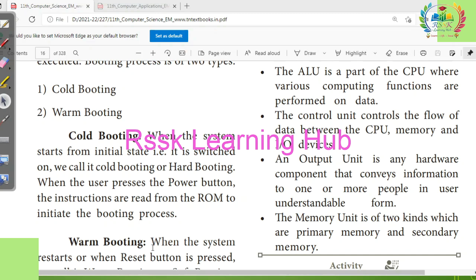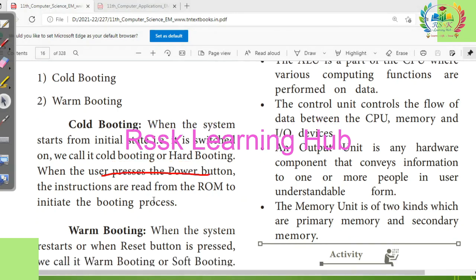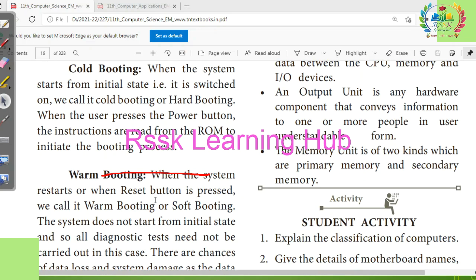It is otherwise called hard booting. If the question asks about cold booting or hard booting, you have to write this. Once the user presses the power button, the instructions are read from memory to initiate the booting process. That is cold booting. Next, warm booting is when the system restarts or the restart button is clicked.